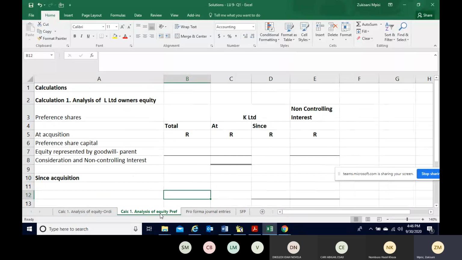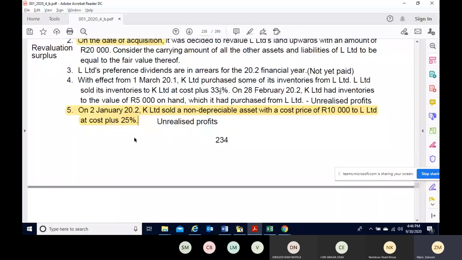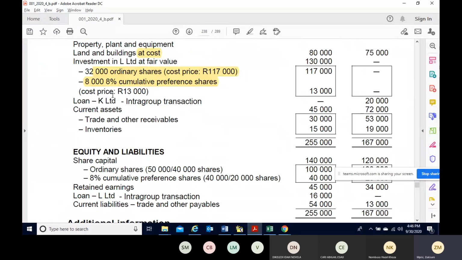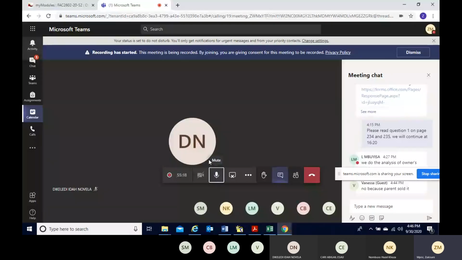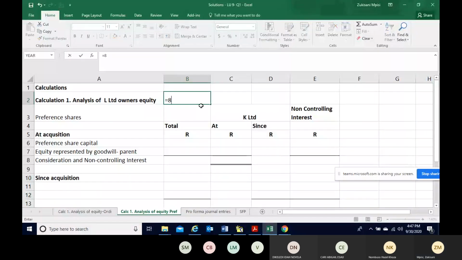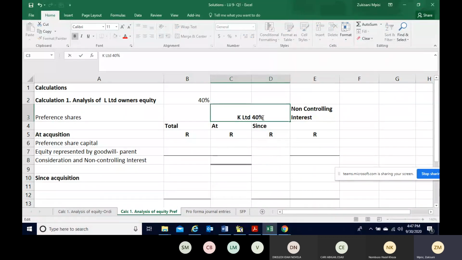of the preference shares. Similarly, we need to do the transactions at acquisition. So the first important thing is to check the ownership. We see that we've got 8,000 shares, and the subsidiary has got 20,000 shares. So to calculate the ownership, it is 8,000 preference shares held by the parent over 20,000 shares, and we can see that KLTD will have 40% and non-controlling interest will have 60%.